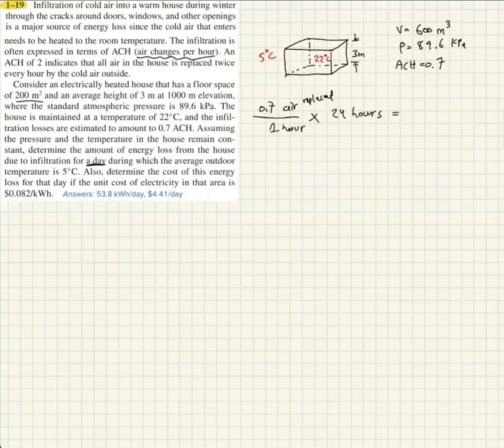We find that in 24 hours, 16.8 times the air is replaced or exchanged. So in one day, the air in this house is replaced 16.8 times.